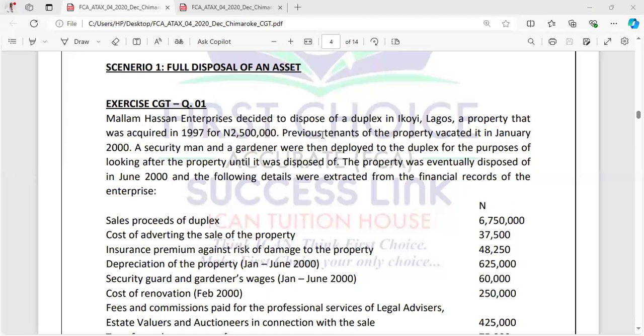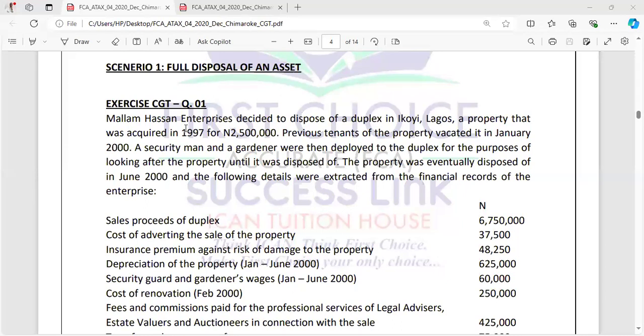You didn't sell it part by part, you didn't sell it on installments, you sold it once and for all and in whole. Now, let's see an example. This is the simplest, and I doubt if your capital gains tax will come in this form. But this is how you need to understand how to do capital gains tax.